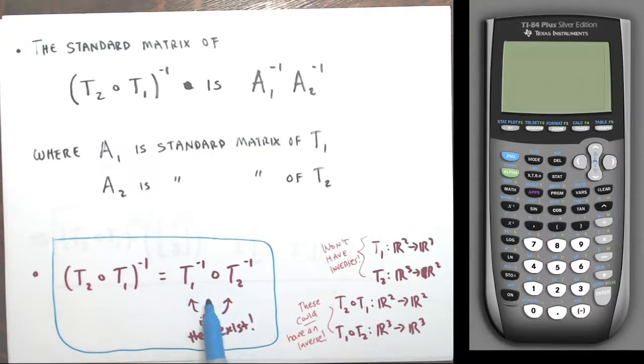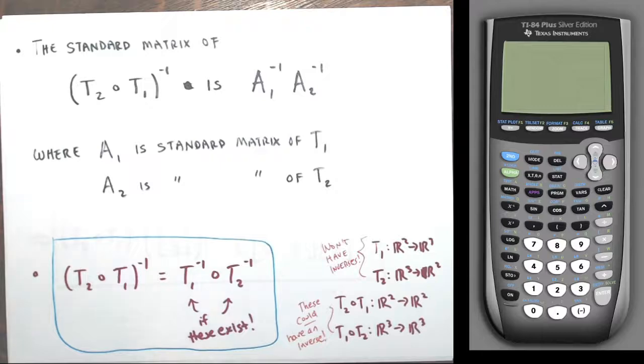If they're not invertible, the rule is not going to be true, but what I'm saying is the compositions T2 composed with T1, or T1 composed with T2, might still be invertible. Just because T1 and T2 are not invertible doesn't mean the compositions won't be invertible. The compositions might be invertible, even though the original functions aren't.